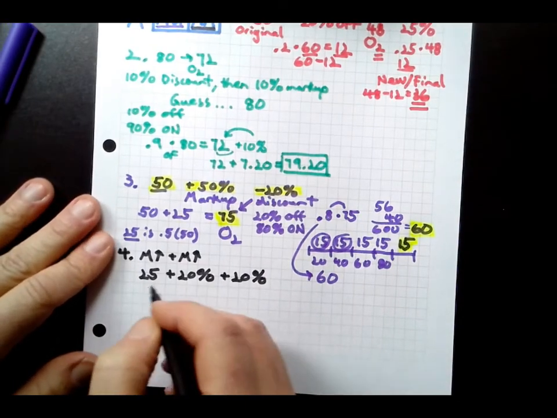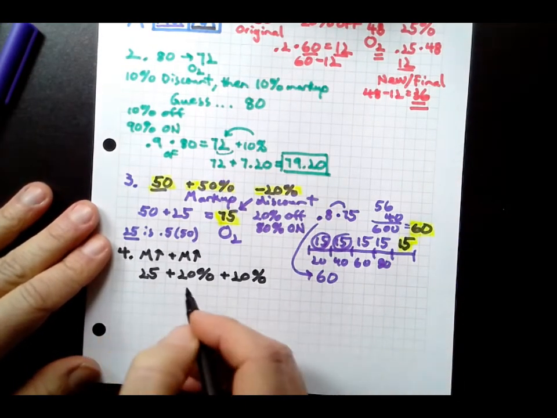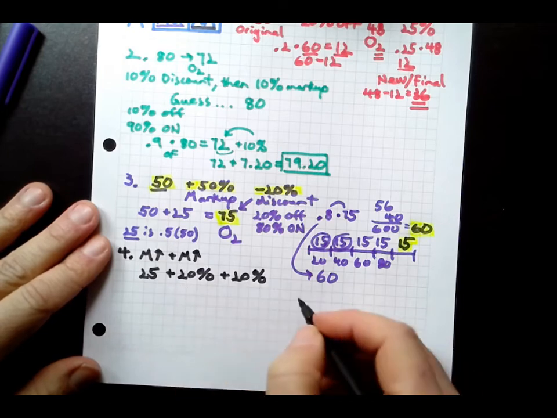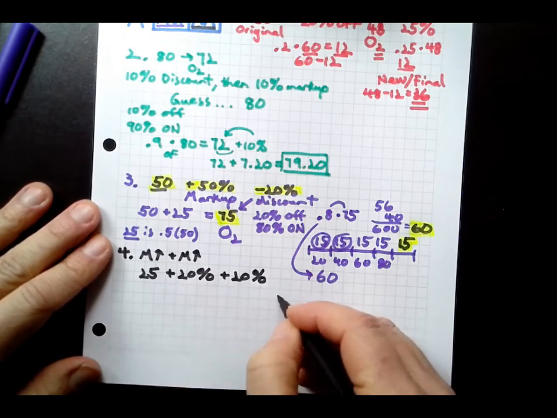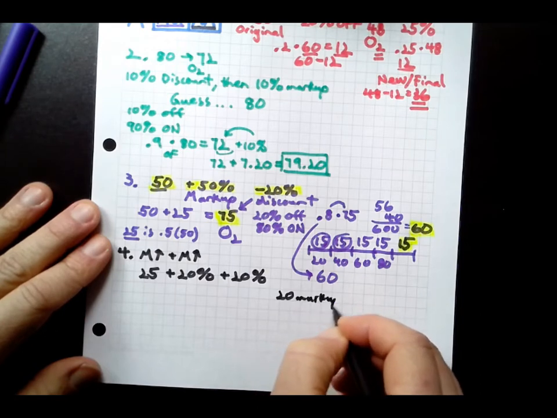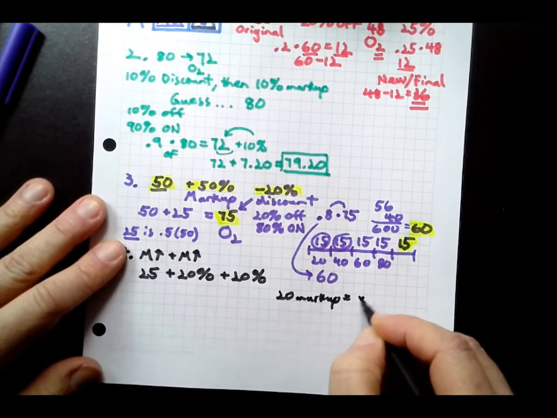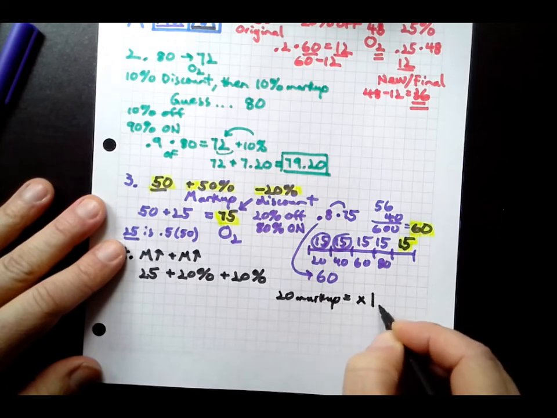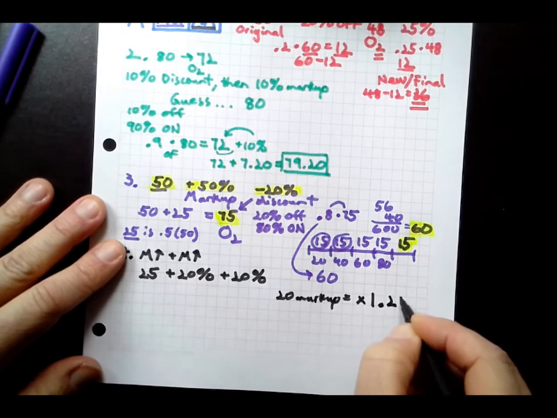So, did you know that when you mark things up, you're actually multiplying? A 20% markup is the same as multiplying by the whole original thing and 20%.